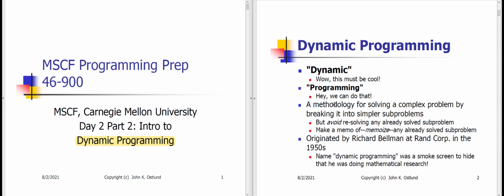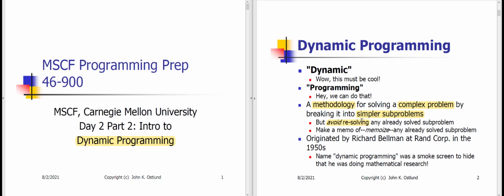Okay, so dynamic programming is a methodology for solving some complex problem by breaking it down into simpler subproblems and exhaustively solving all of the possible subproblems. The main difference between dynamic programming and just ordinary top-down programming or recursive programming is that in dynamic programming, we're careful not to resolve subproblems that we already know the answer to.